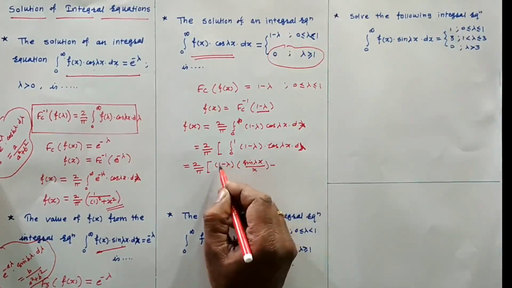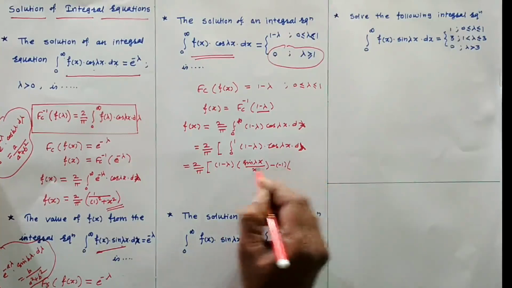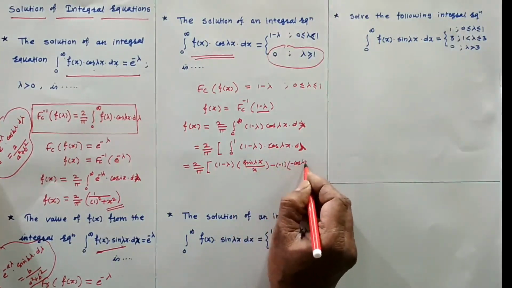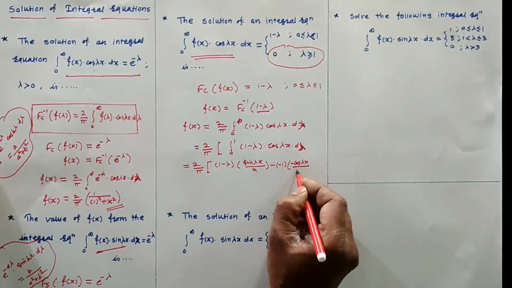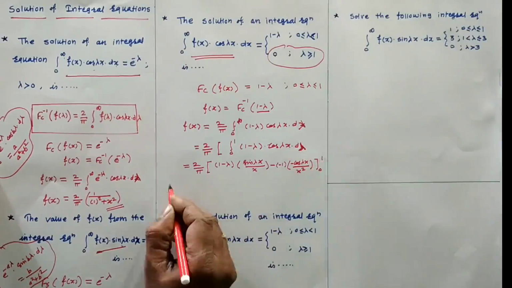The first function, 1 minus lambda, times the integral of cos(lambda x), which is sin(lambda x) by x, minus the derivative of 1 minus lambda with respect to lambda, which is minus 1, times the integral of sin, which is minus cos(lambda x) by x. X is already there, so it means x square. Lower limit is 0 and upper limit is 1.